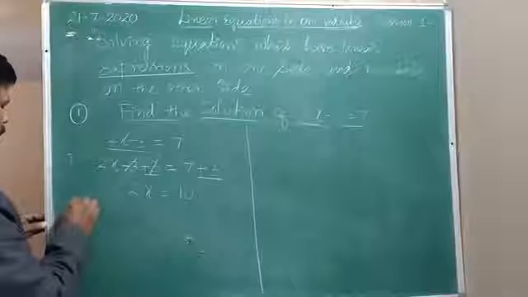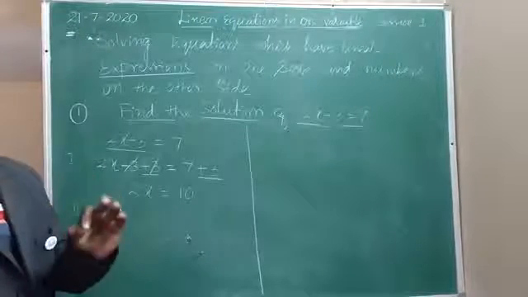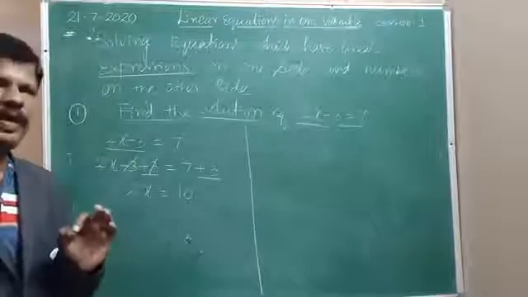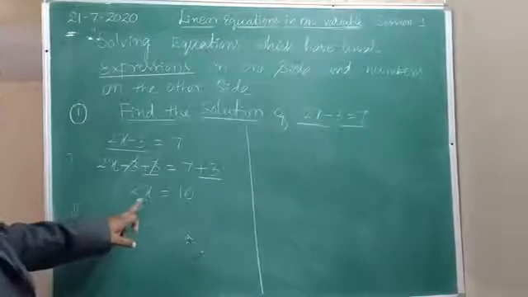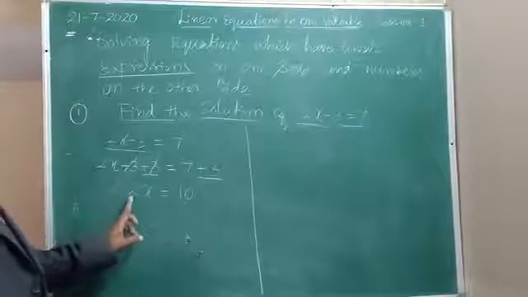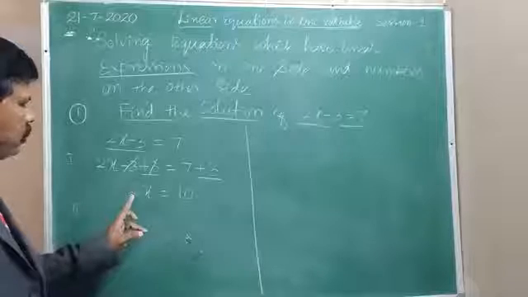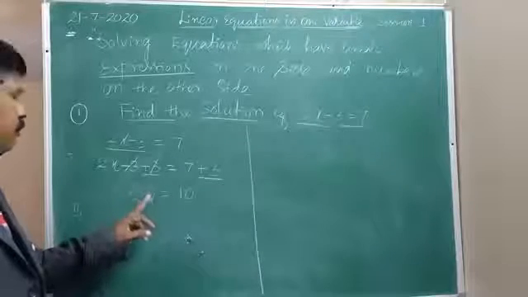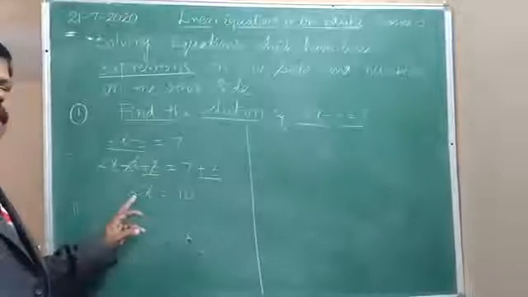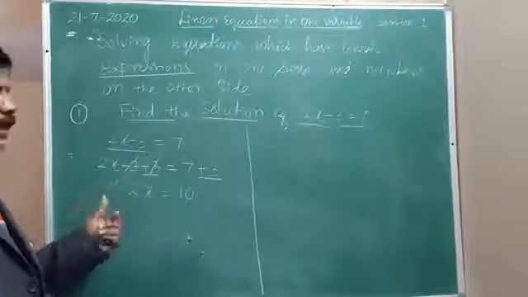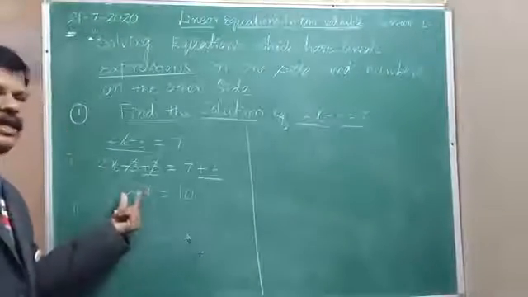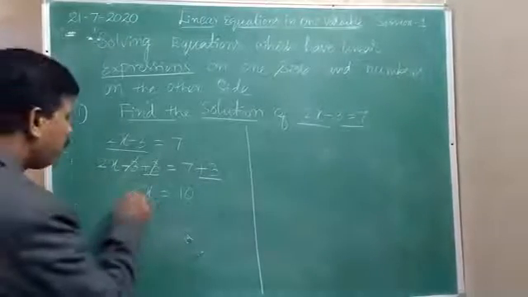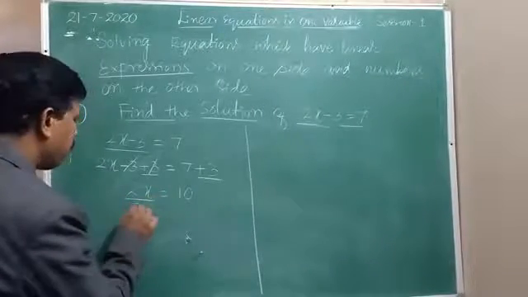Now the second thing is, we want the variable alone. So what is there for the x? See, this is called a numerical coefficient. If the numerical coefficient is in the numerator, then to cancel that, we should divide by the same number.